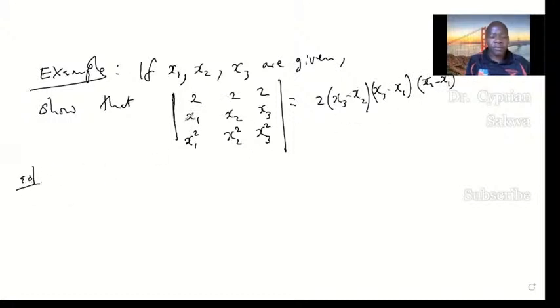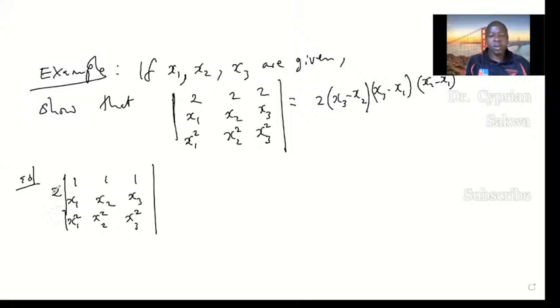Solution. So I noted that 2 is common here in this row, so I factor 2 out. We'll have 1, 1, 1, and this will be x1, x2, x3, and this will be x1 square, x2 square, x3 square.